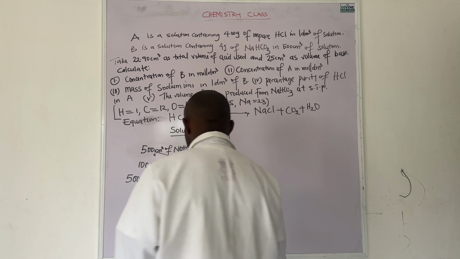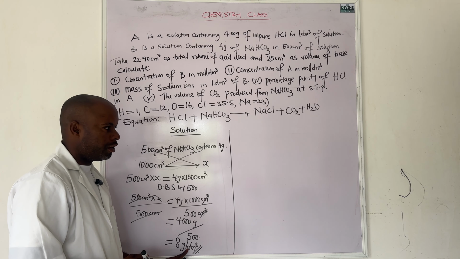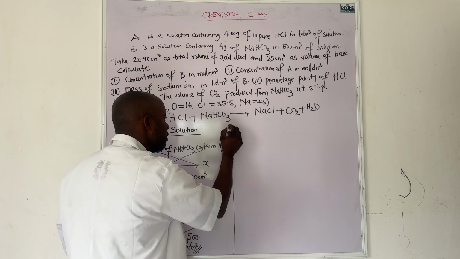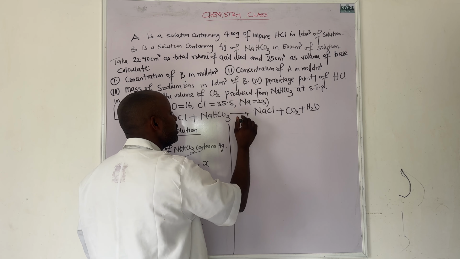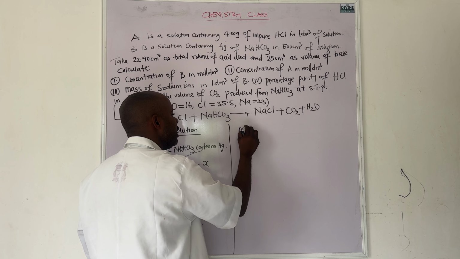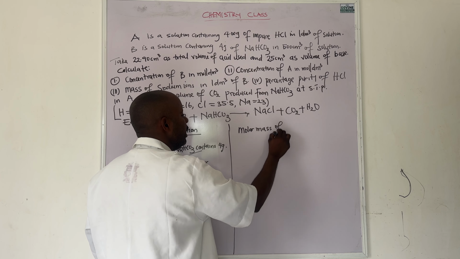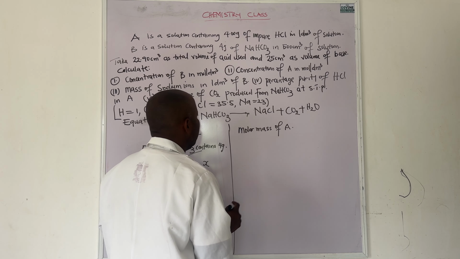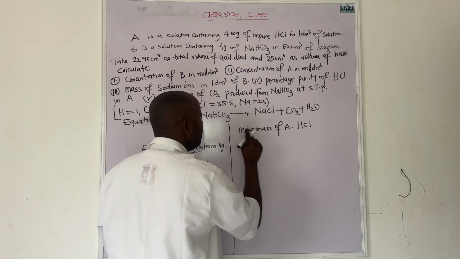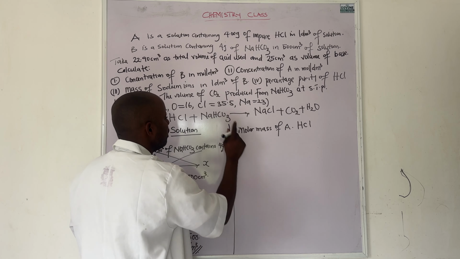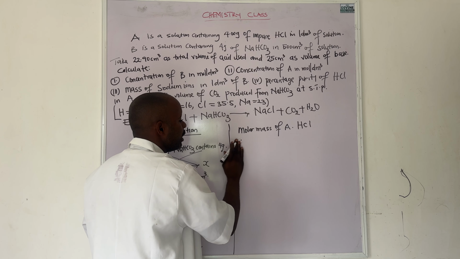So from this, we can actually work out the molarity of this base using this mass concentration. So let's have the molar mass of each of these acid and base. So let's solve molar mass of A first. The molar mass of A, which is HCl, the relative atomic mass is given to us. Hydrogen occurred how many times?